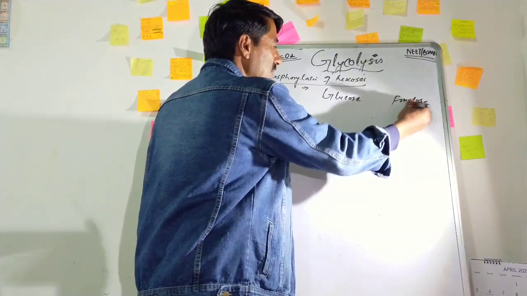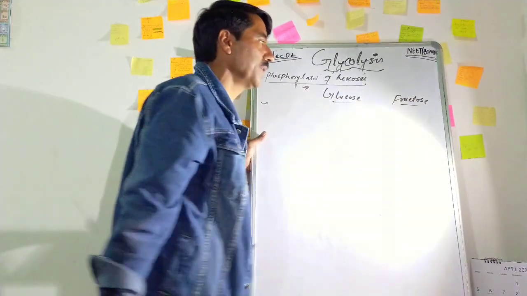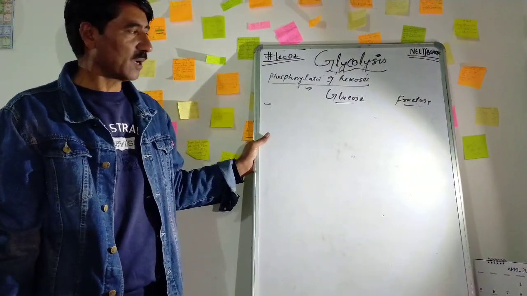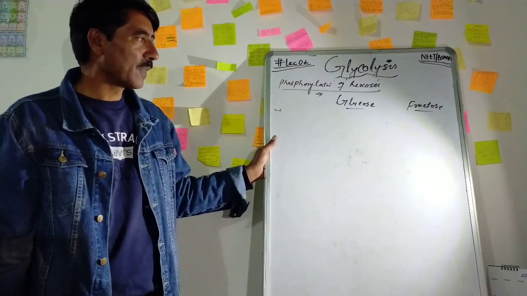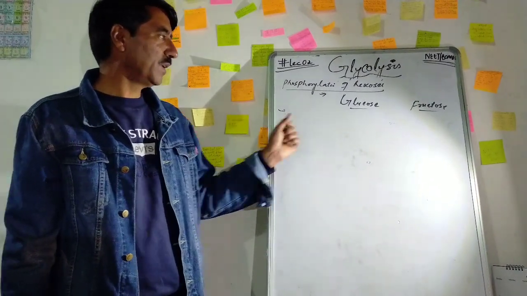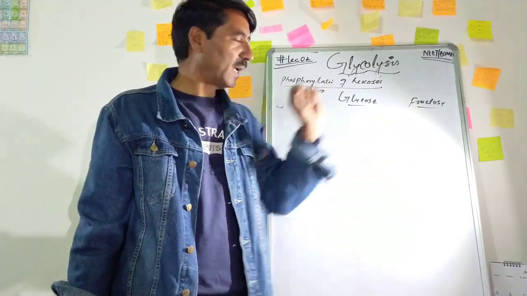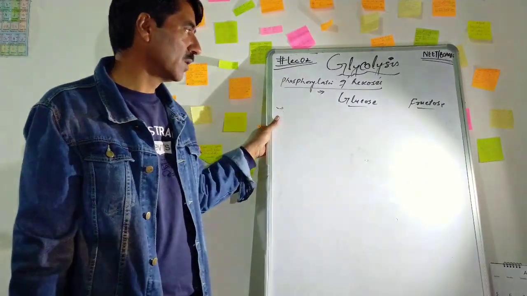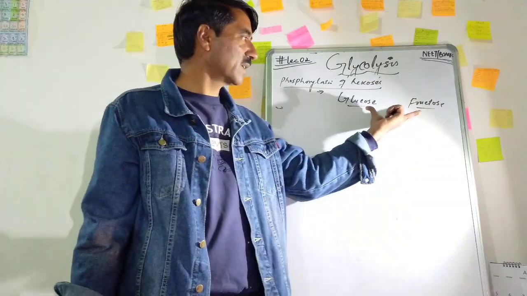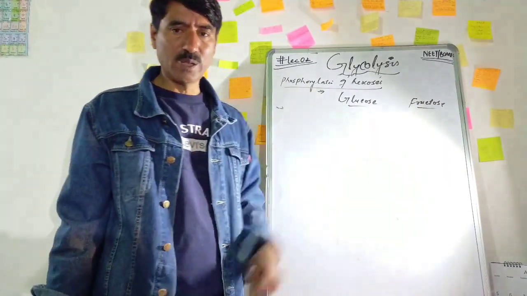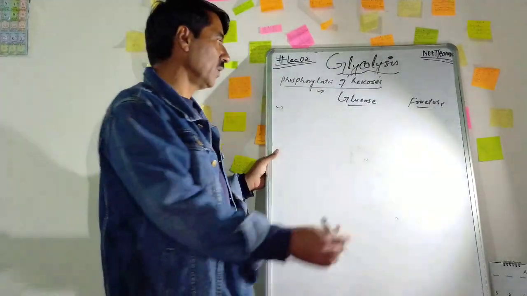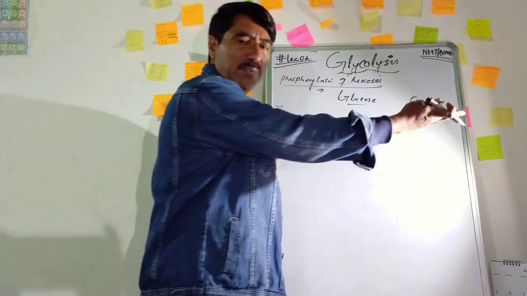In case of plants, as we know, the end product of photosynthesis is sucrose, a disaccharide, which gets converted into glucose and fructose, two monosaccharides, with the help of the enzyme invertase. So these monosaccharides can readily enter into the glycolytic pathway. Now it can be glucose, it can be fructose.